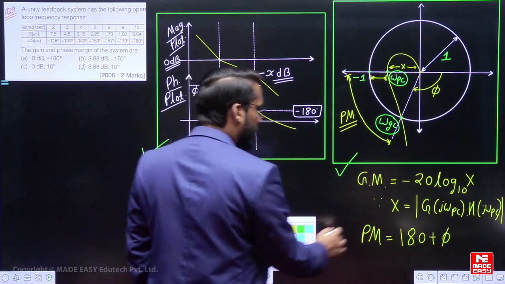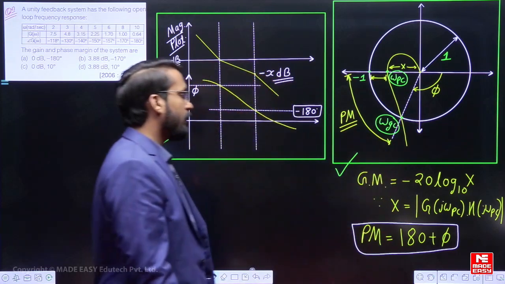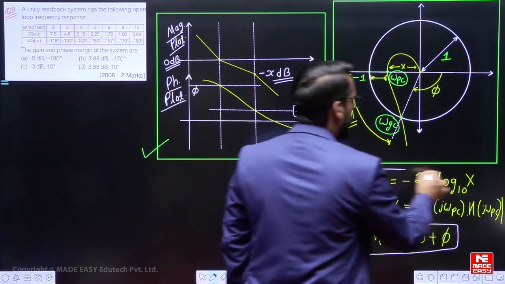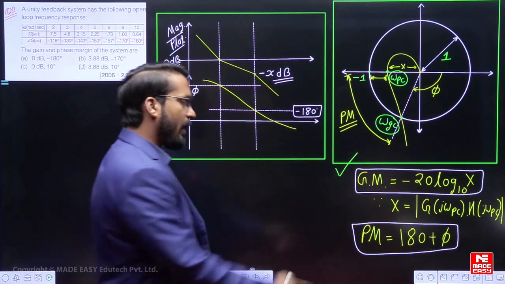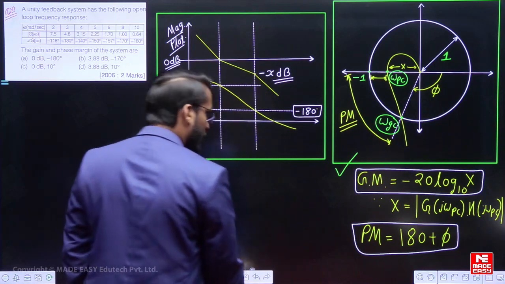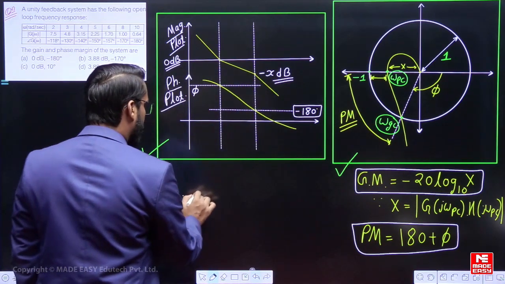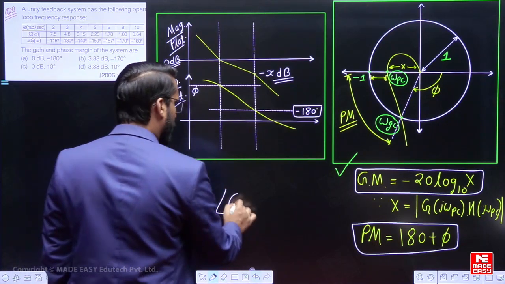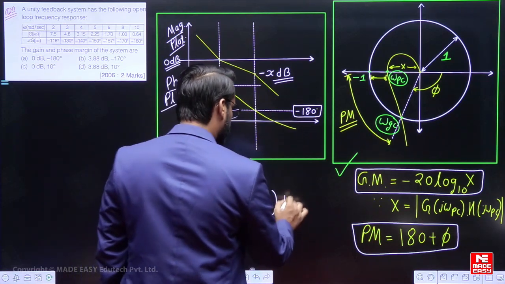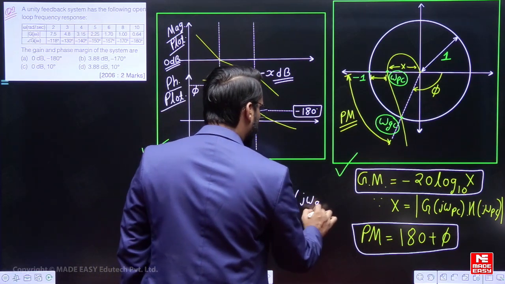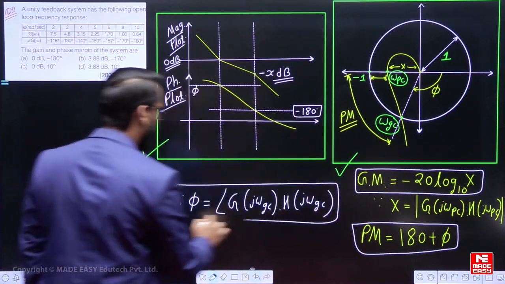Why not minus phi? Because phi is itself a negative value, as you can observe. So this is your gain margin and this is your phase margin, where phi is the phase at the gain crossover frequency.